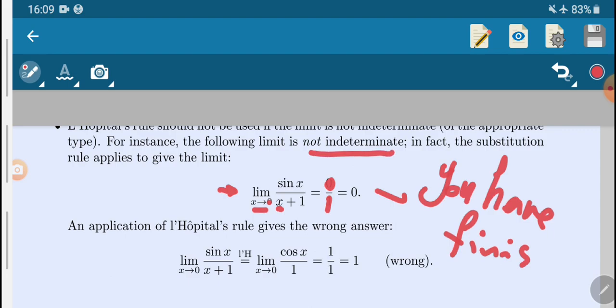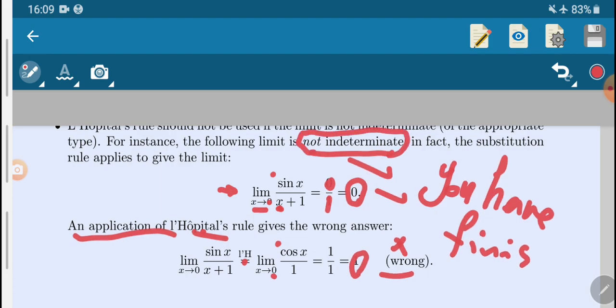So why would we use another way? If you use the L'Hopital rule, the derivative of sine x is cosine and the derivative of x plus 1 is 1. Replace x by 0, it becomes 1 over 1, which is 1, and that is wrong. Why? We already have the answer, and the initial limit is not indeterminate. So don't use L'Hopital because you have finished.